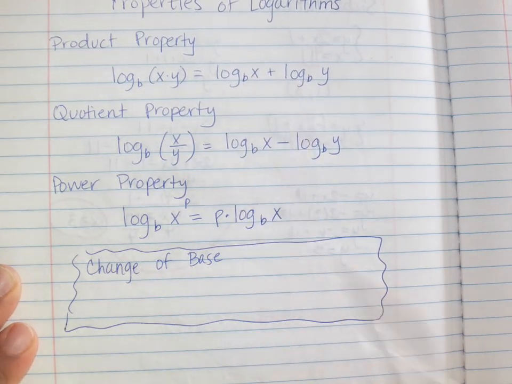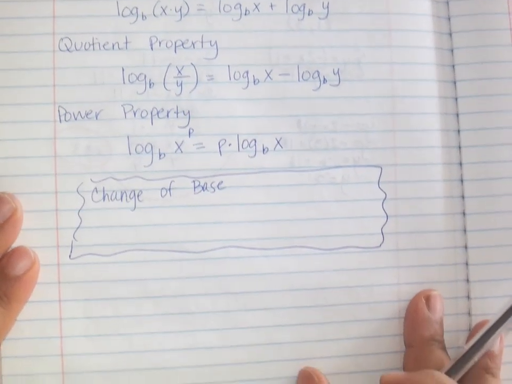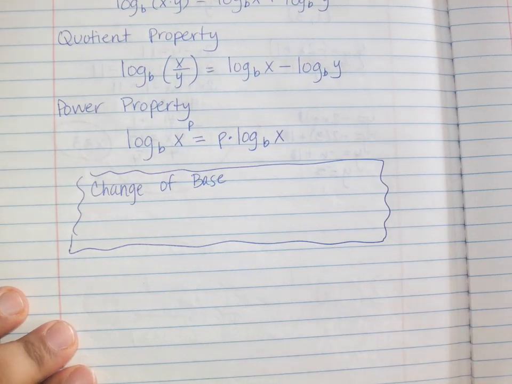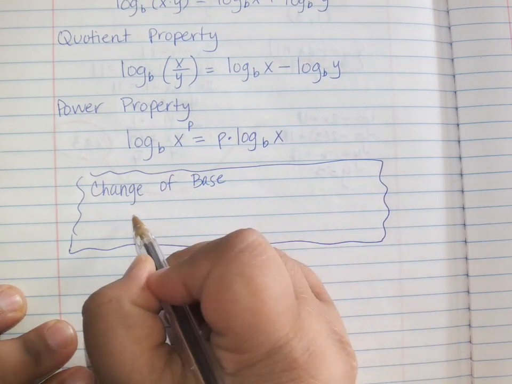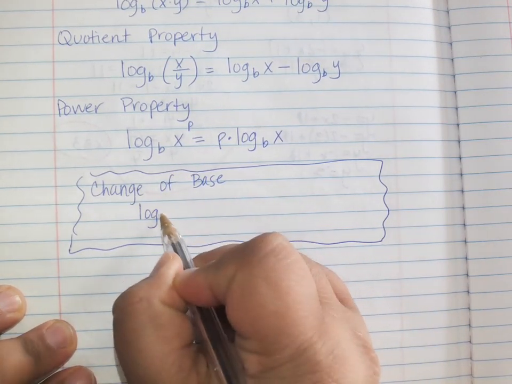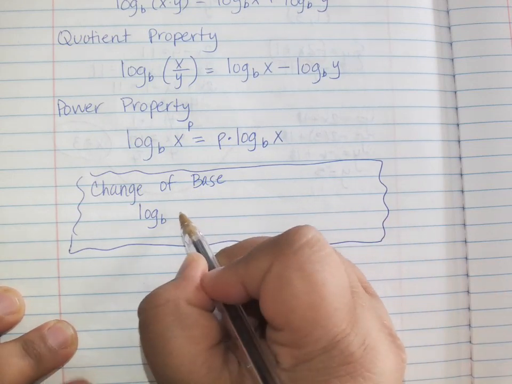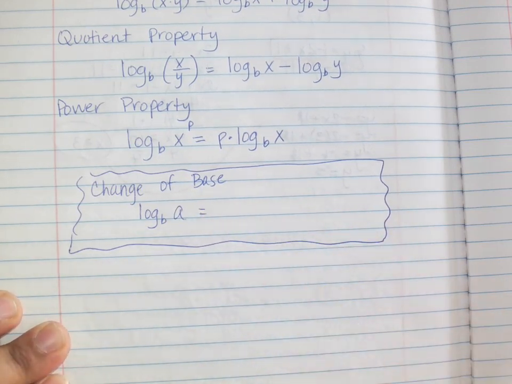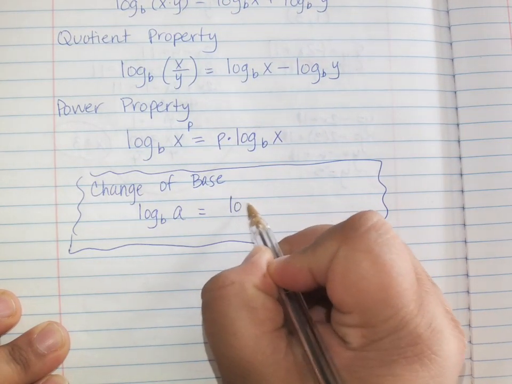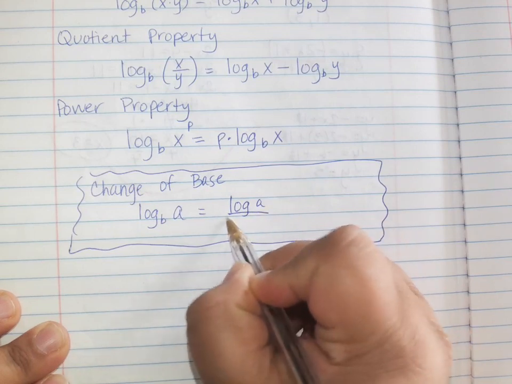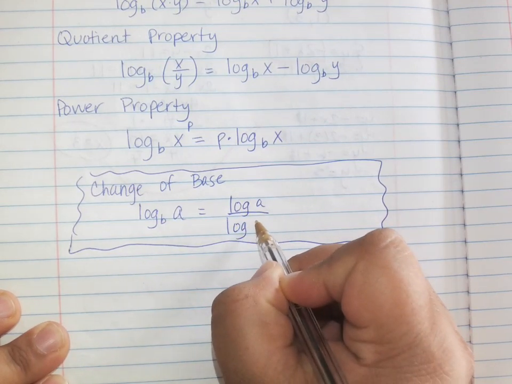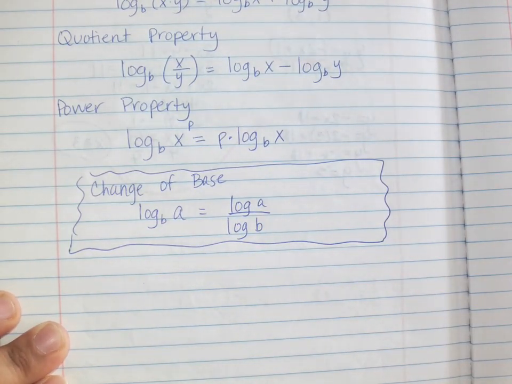They have to have the same base. So this is how you would make that base change. So you take your log, so we have log base b of a, and we're going to give it a base 10. So you're going to put log of a over log of b. And now they both have the same base. So that's how you do it.